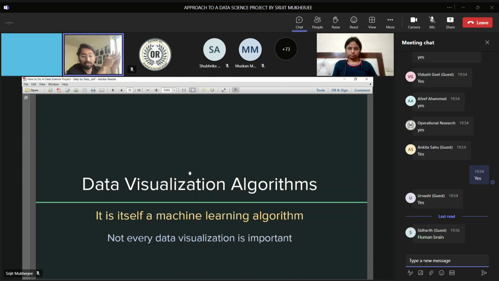Siddharth has said human brain, and yes, human brain is the right answer. Computers are less powerful in some respects, but the brain is the most important and most complex machinery in the world. Thank you for answering that, Siddharth. You're right. So now the question is: how can we use this complex machinery, or are we using it, to analyze the data set or not?